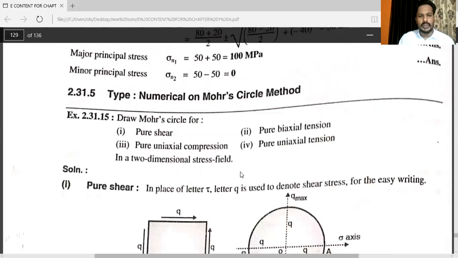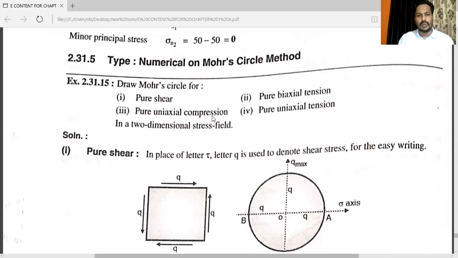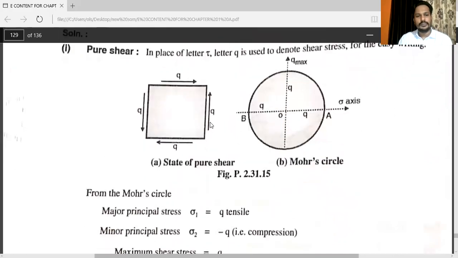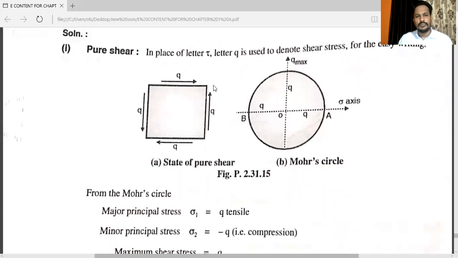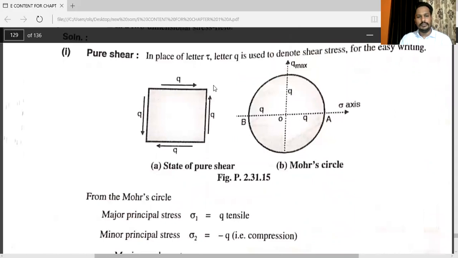Numericals on the Mohr circle method: there is a Mohr circle for pure shear, pure biaxial tension, pure uniaxial compression, and pure uniaxial tension. Different solutions are there. For pure shear, you can see this diagram, the state of pure shear.